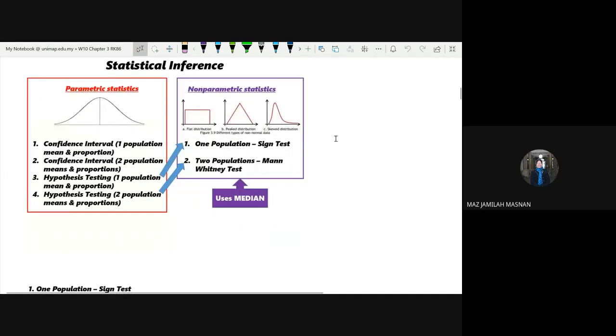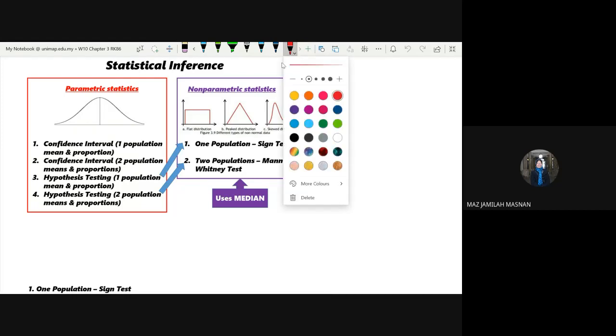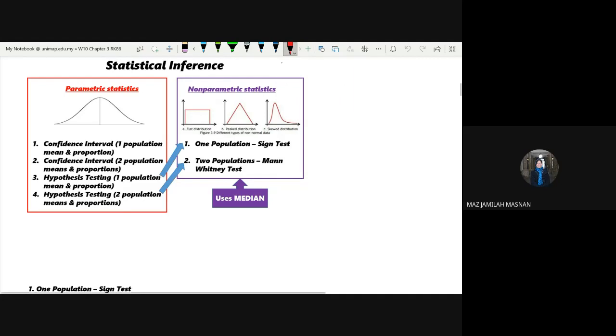In making our statistical inferences, in our previous part, we discussed how we can make statistical inference using confidence intervals for one population, using the sample mean and sample proportion to make the confidence interval for our population parameter.